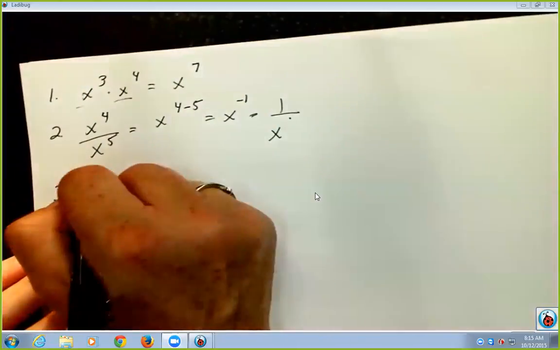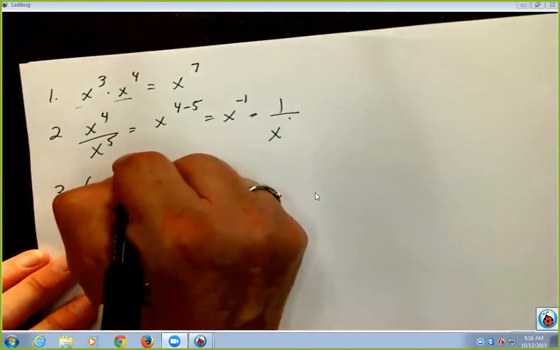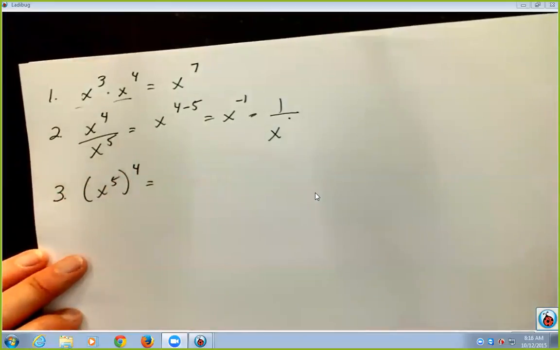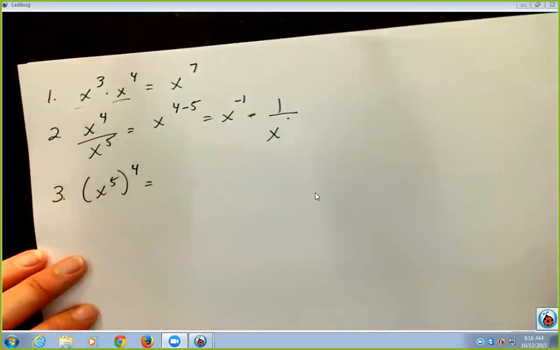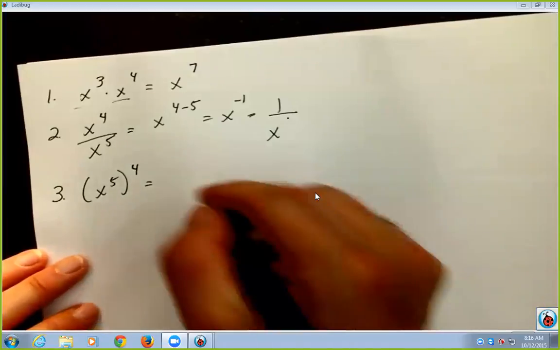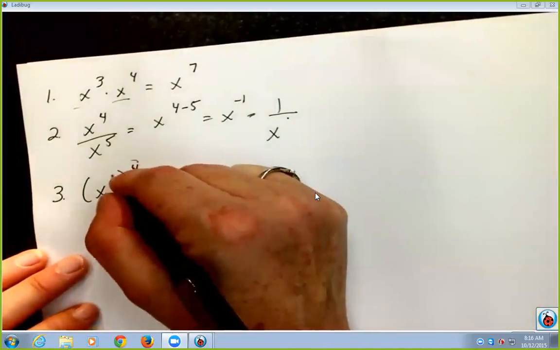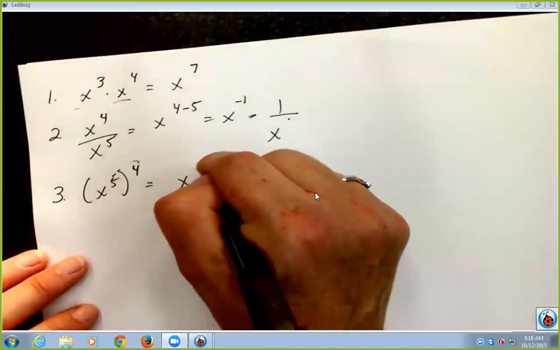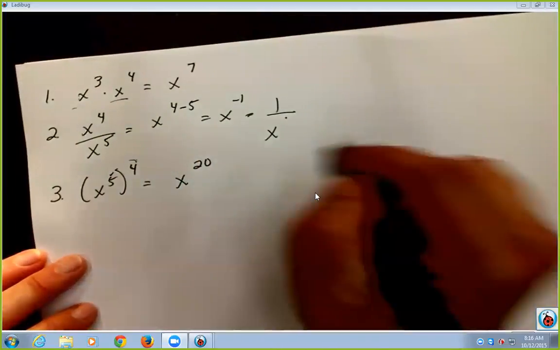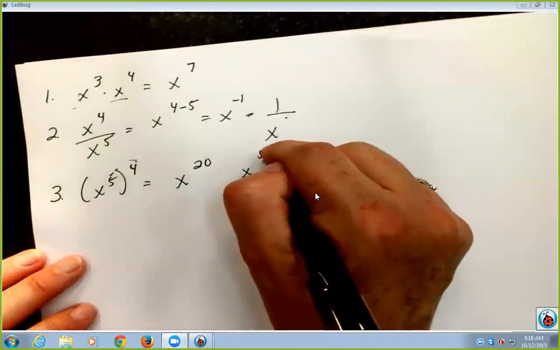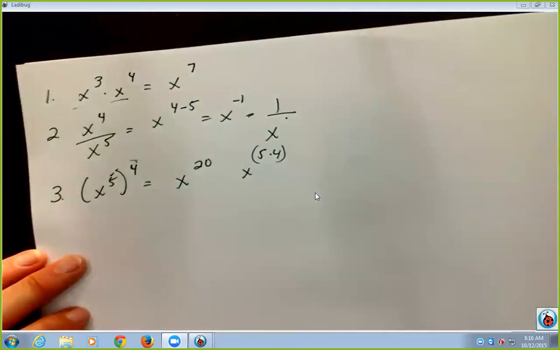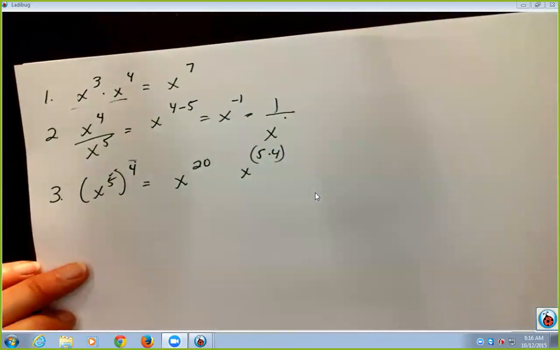Another one is if you had x to the 5th raised to the 4th on the outside, what happened then? What did I do to those? Exactly, yep, these multiply each other, so I end up with x to the 20th, where I take 5 times 4 and get my 20th power out there.